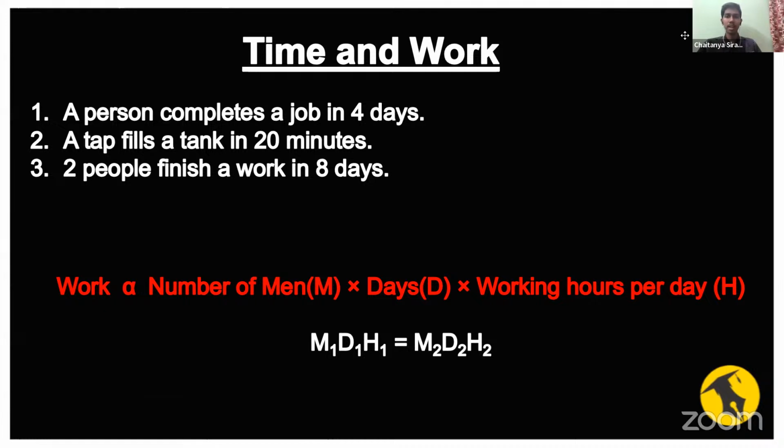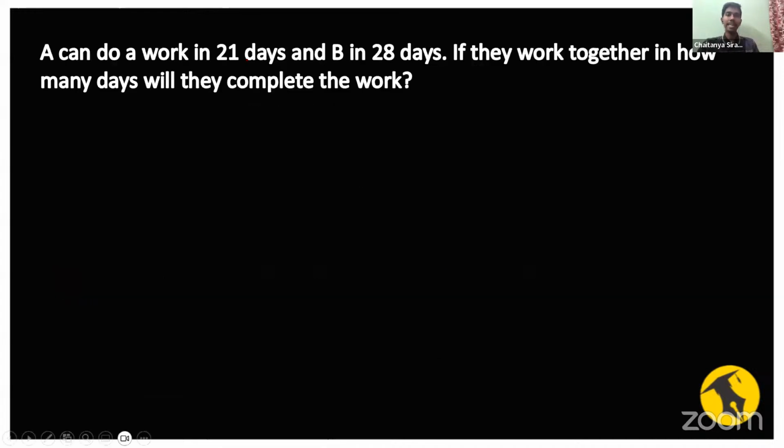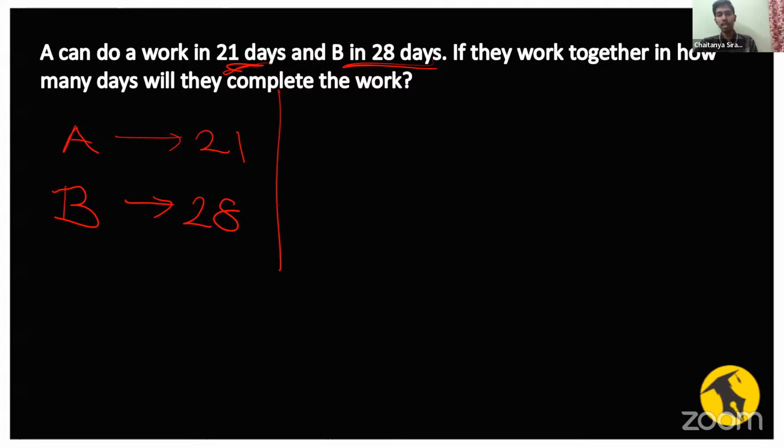I'll explain the theory with the examples here. All right. A can do a work in 21 days and B in 28 days. So let's find out their efficiency.